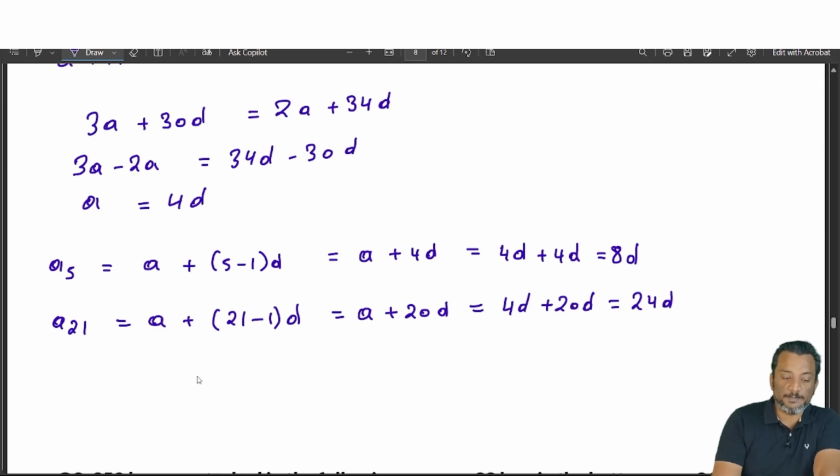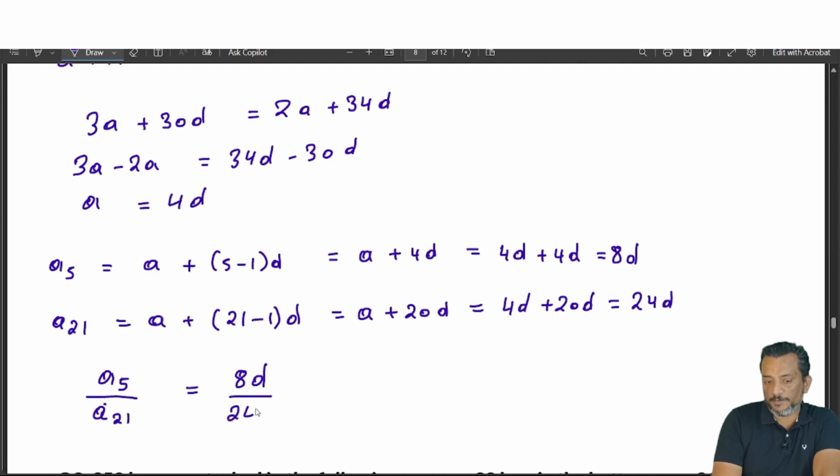Hope this much is clear. Now it is saying ratio of terms. So A5 over A21. So we can say 8D over 24D. So D gets cancelled and this is 2 and this one you will get 6. This is 1, this you will get 3.